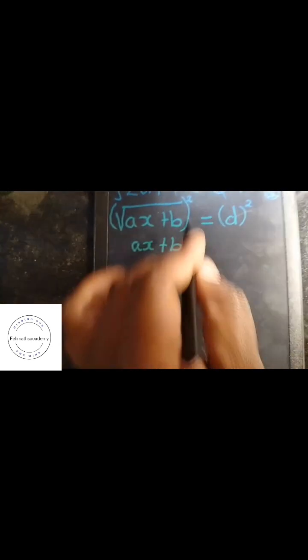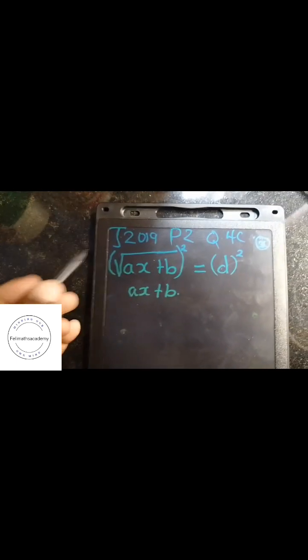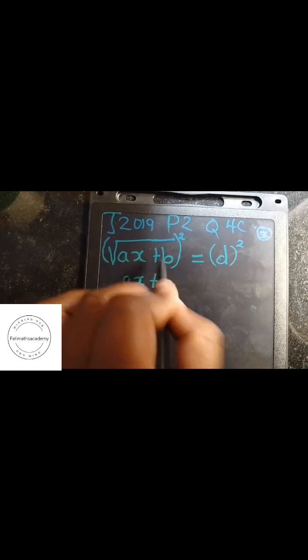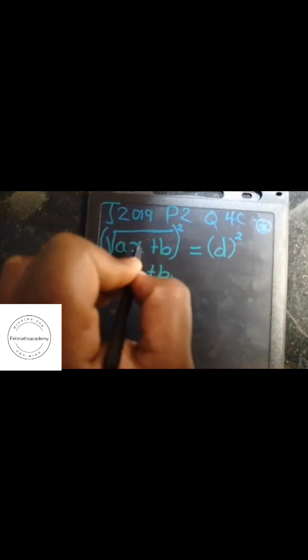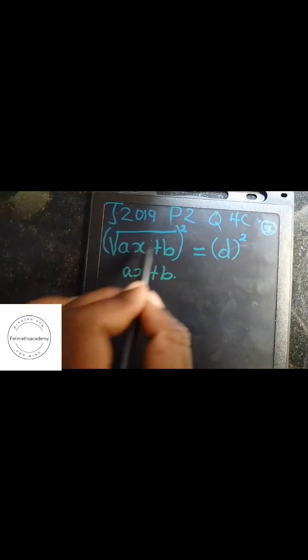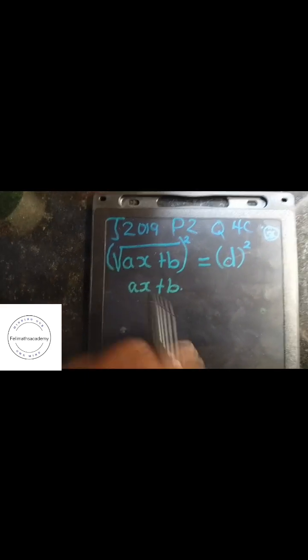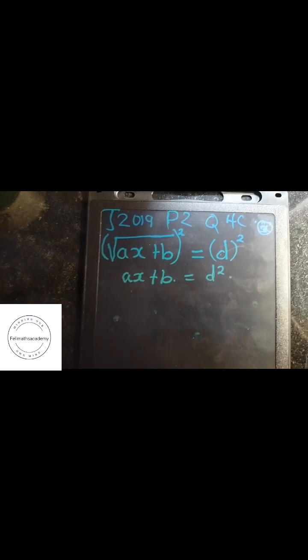Then if you square that 5, you remain with 25. So that's how we obtained our ax plus b there. So it's ax plus b is equal to d squared.